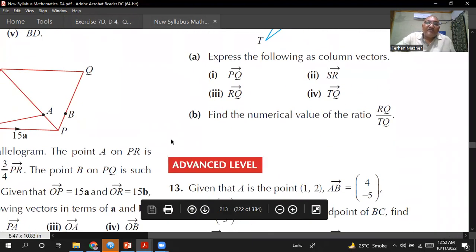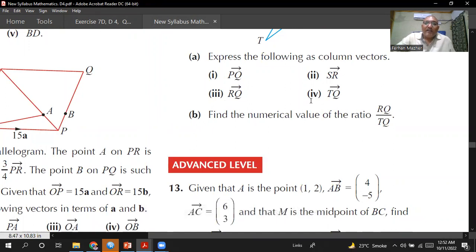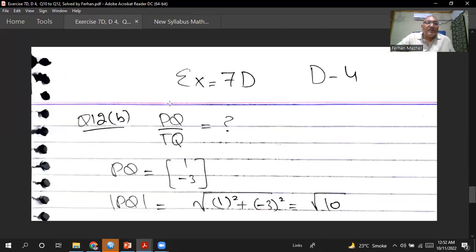The last part is find the numerical value of the RQ and the TQ. Okay, so very simple.